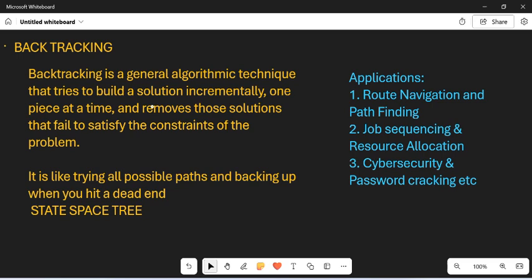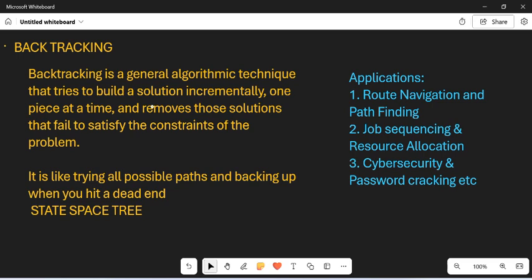If you get a dead end and you couldn't find the place where you want to go, again you will come back and try another possibility. Like that, if you want a solution, you try all the possibilities, and any possibility which satisfies the constraint is our solution.